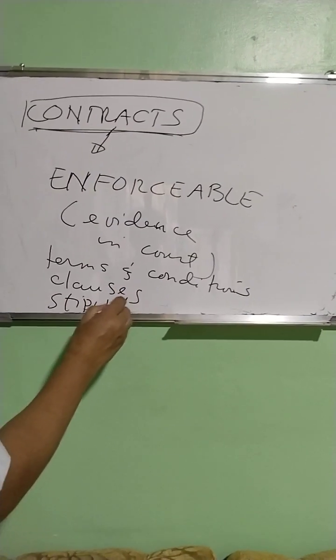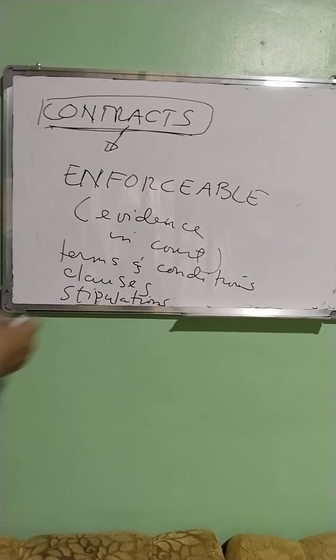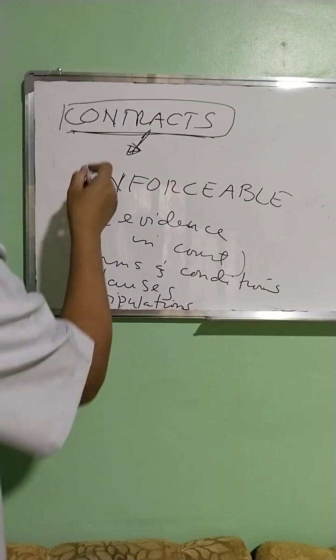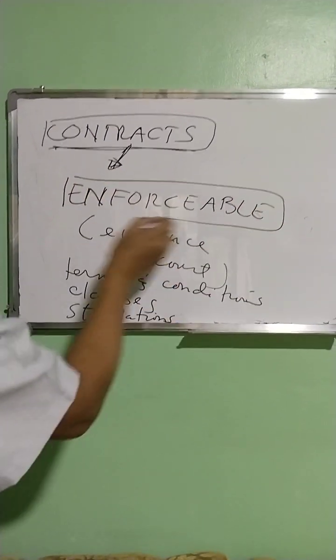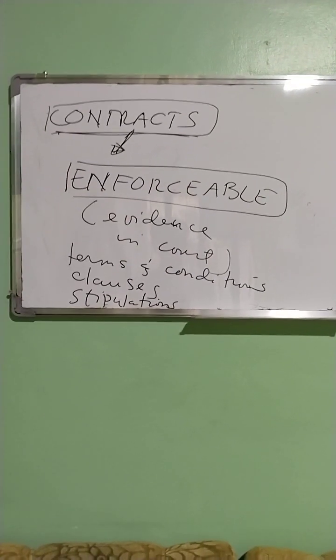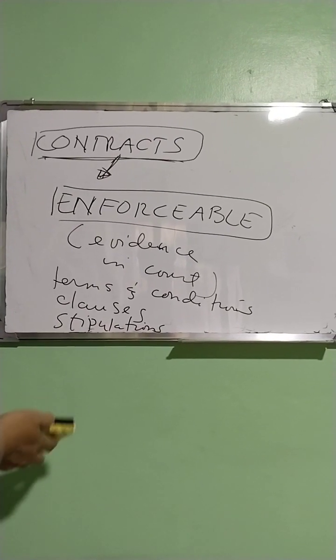Clear so far? So you have to be very careful then that before signing any legal document, you have to read all its contents. Why is that? Because that document is enforceable later on.